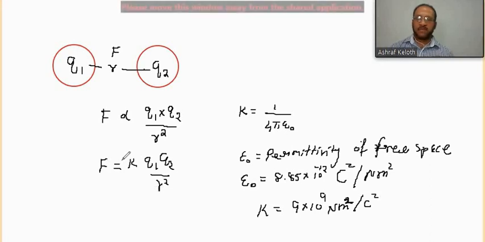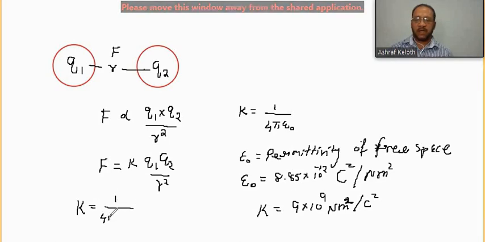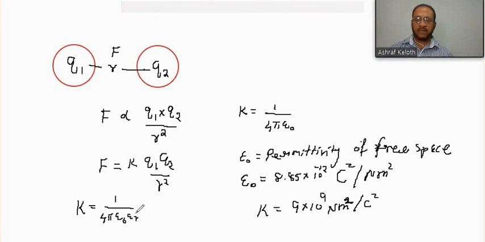So this is the equation which gives the force of attraction or repulsion between two charges when they are placed in vacuum or air. If the two charges are placed in a medium, then the value of the constant K will be different. That time K is given by 1 by 4 pi epsilon naught into epsilon r.